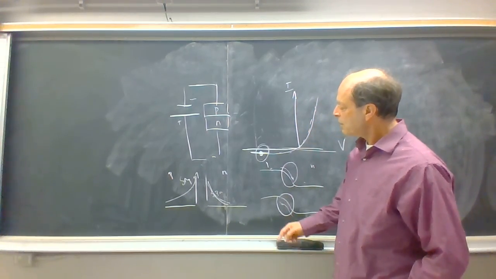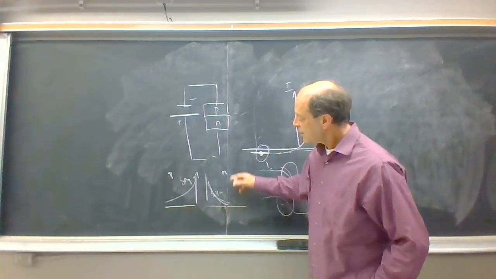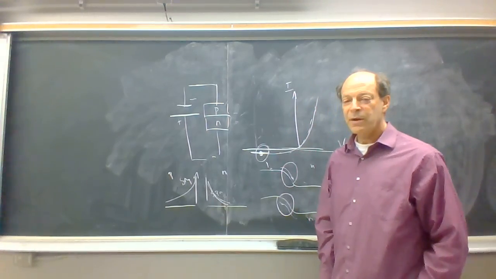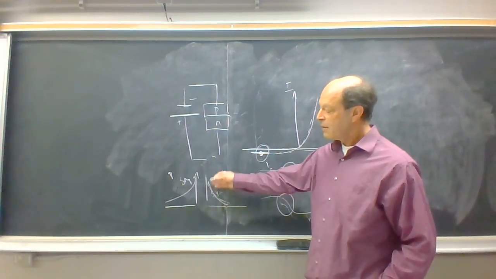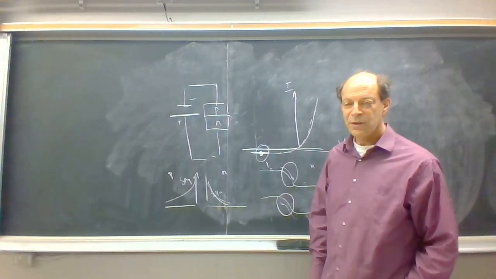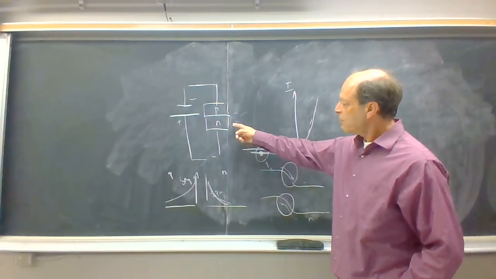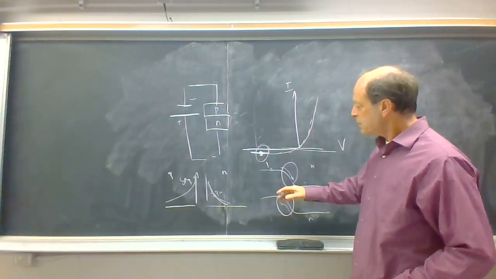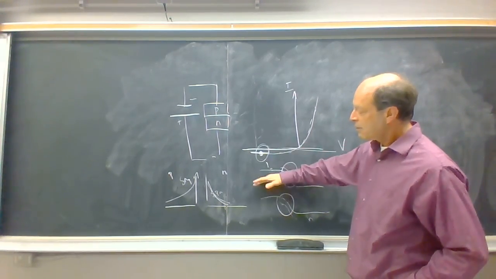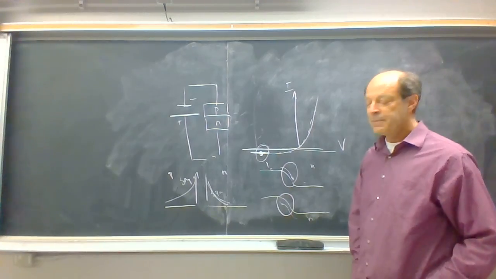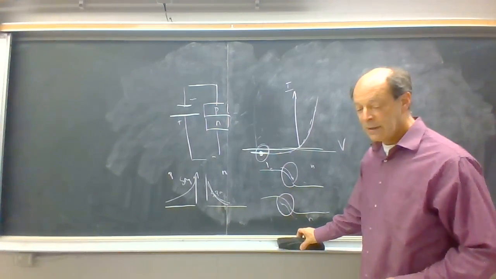So the question is, could we somehow take the properties of a forward bias junction in which you vary the minority carrier concentrations and couple that forward bias junction to a reverse bias junction, which could then have a varying reverse saturation current? And the answer is yes.